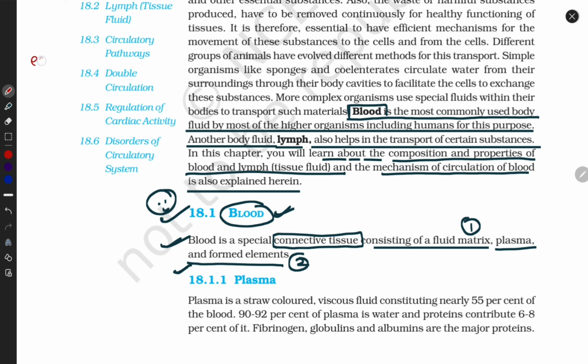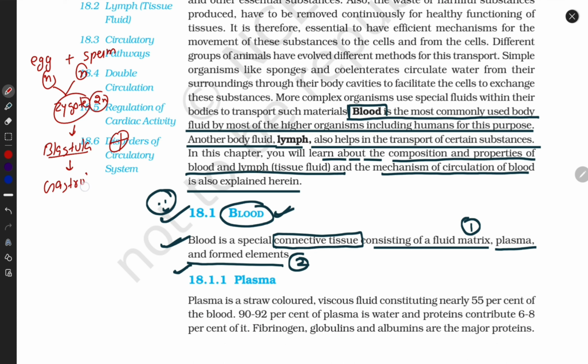We all know that egg and sperm get fused, their gametes fuse and make a zygote. The zygote divides and develops, and forms the blastula stage, and further they divide and reach the gastrula stage.